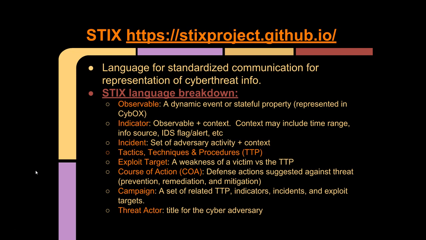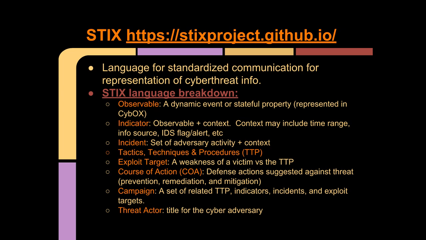STIX is a language for standardizing the communication and representation of threat information. And to break it down, a single STIX structure covers the following objects. An observable is a dynamic event or stateful property that is represented in CybOX format. An indicator is an observable plus context.